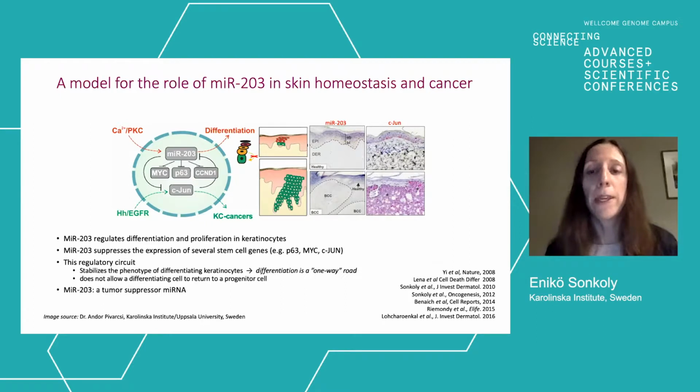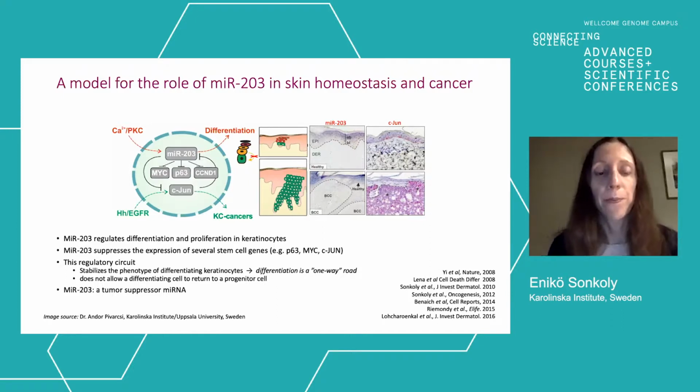So the cells will be in the other state of the bistable switch with high c-Jun levels and low miR-203 levels. And the constantly low miR-203 levels and high c-Jun levels do not allow these cells to differentiate. And these cells are the cancer cells, BCC or SCC cells. So in this sense, miR-203 acts as a tumor suppressor microRNA in the skin.